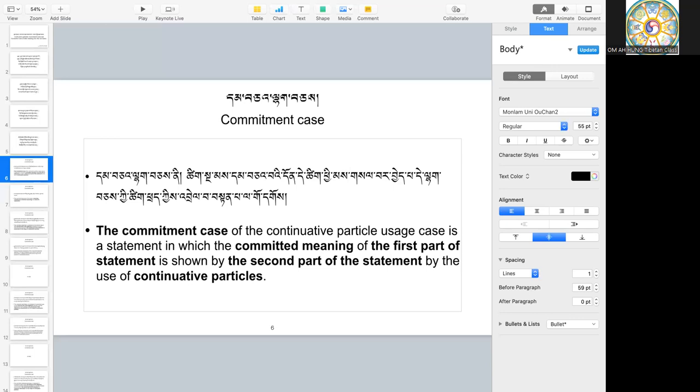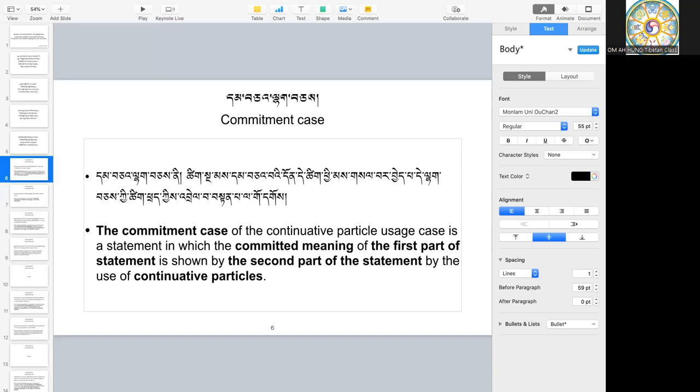If we can try and understand it this way, it is the part that is saying, I am committing to show something.